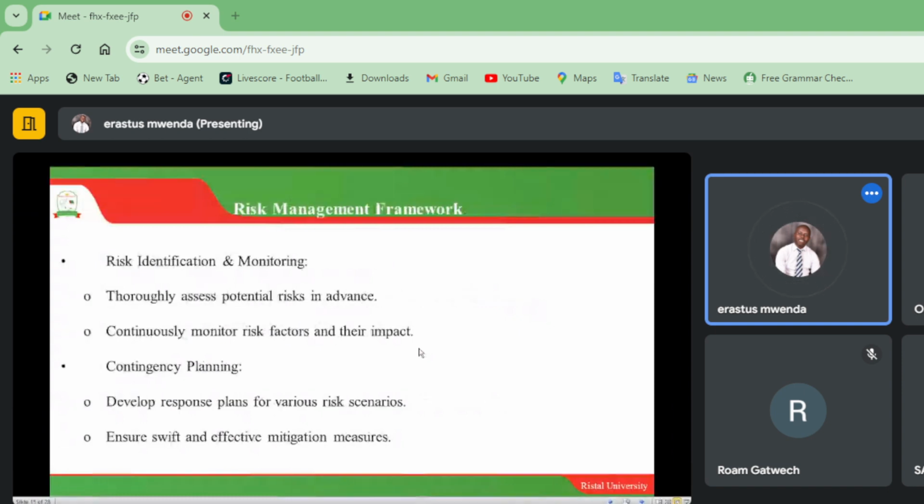Now, risk management frameworks. There are frameworks that we continue to adopt. The first one is risk identification and monitoring. That is calling upon us to thoroughly assess the potential risks in advance. We have just had a whole slide of more than 5 risks, close to 10.